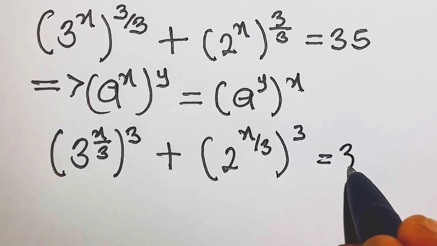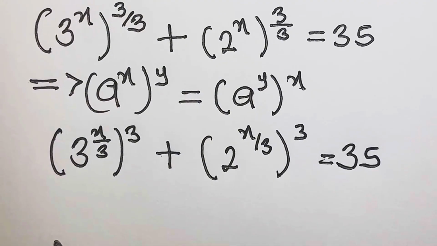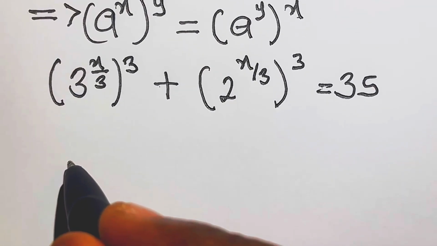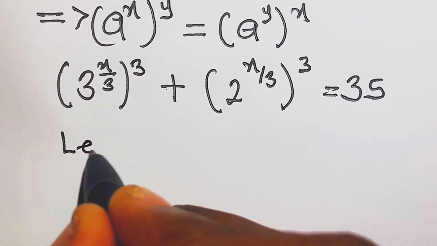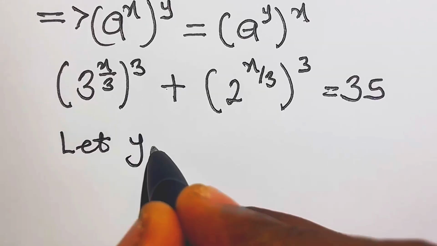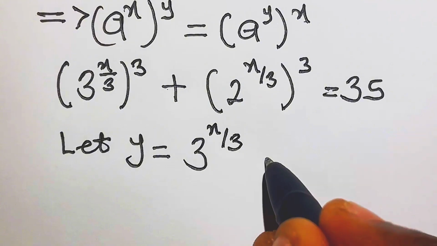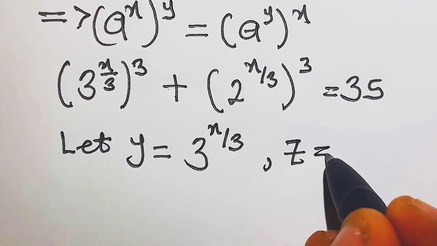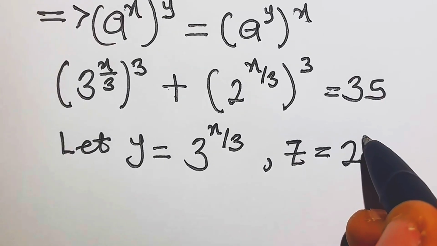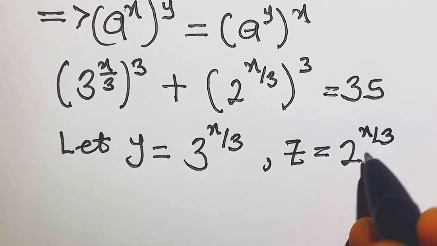So equals 35. And from here, let y equal 3 raised to power x divided by 3, and let our z be 2 raised to power x divided by 3.